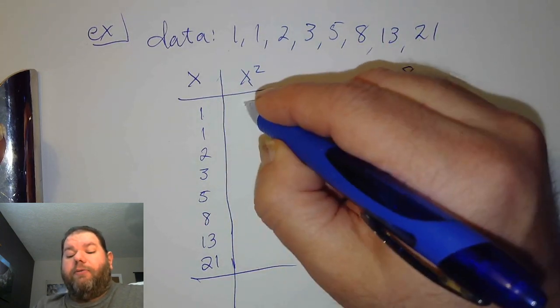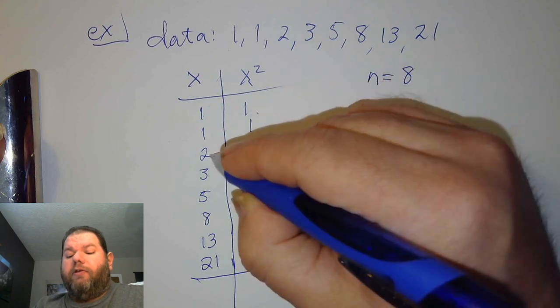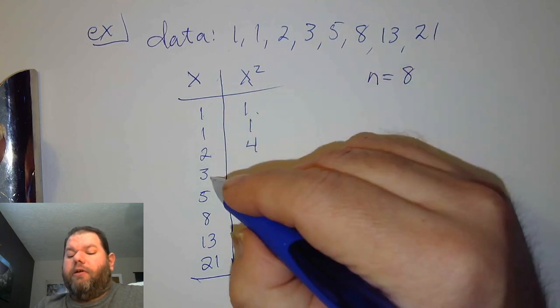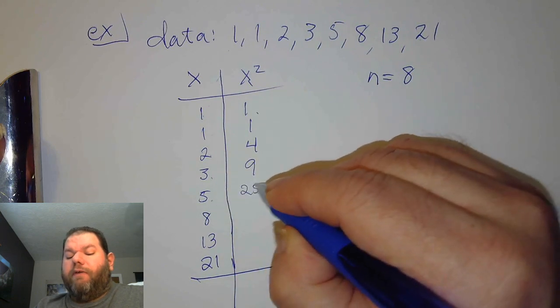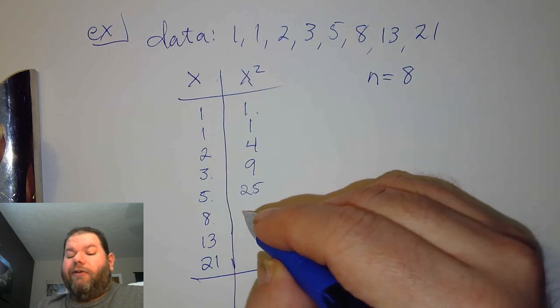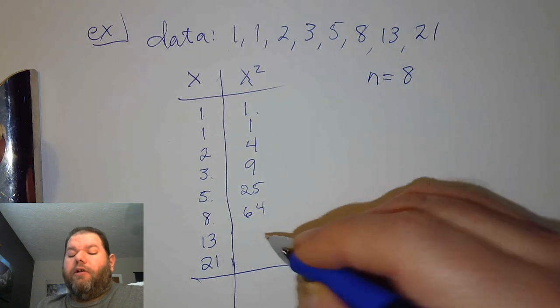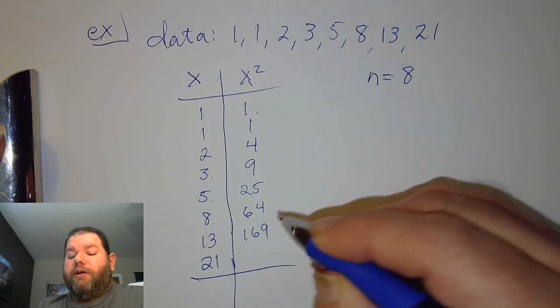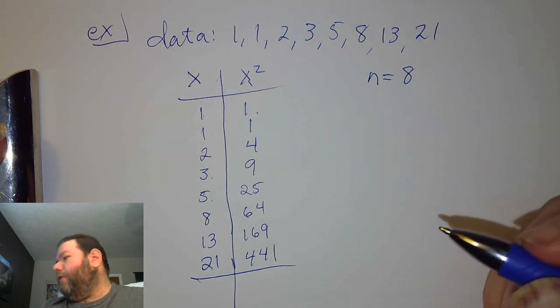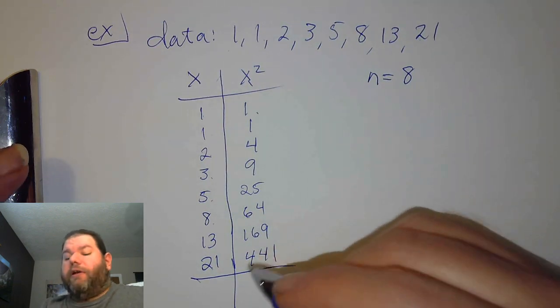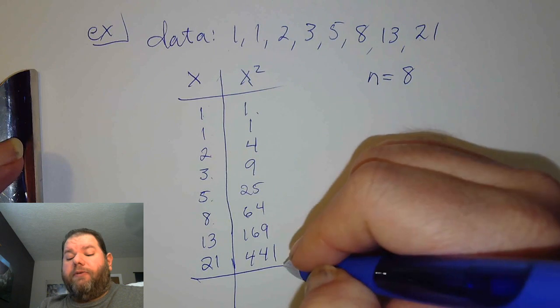So 1 squared is 1. 2 squared is 4. 3 squared, 9. 5 squared is 25. 8 squared is 64. 13 squared is 169. And 21 squared is 441. And so we'll need to add together each of these columns.